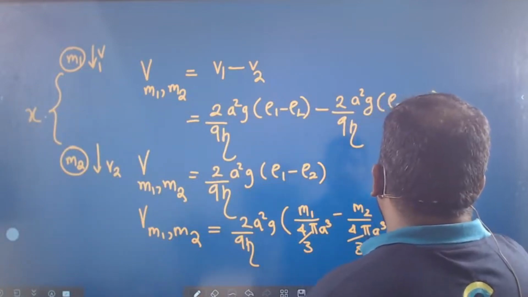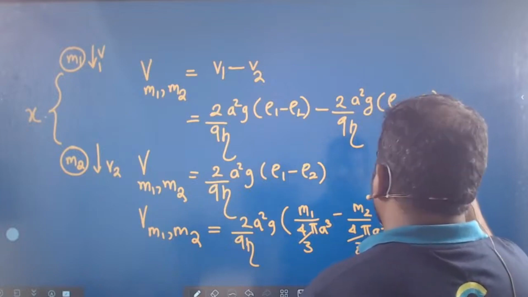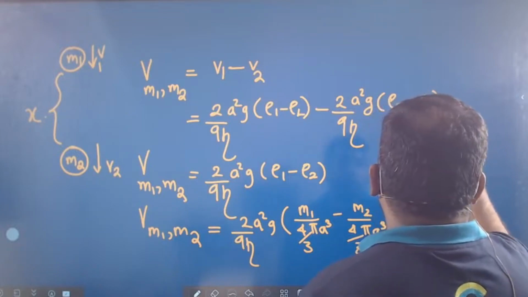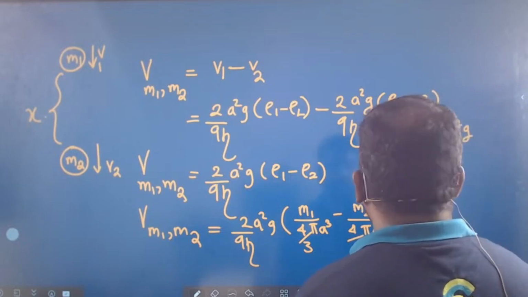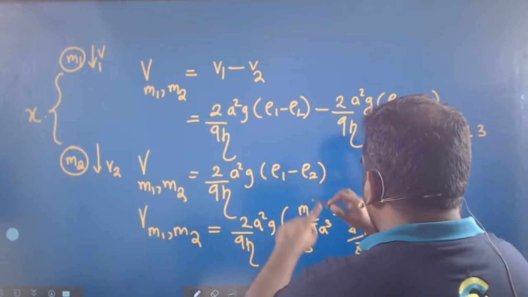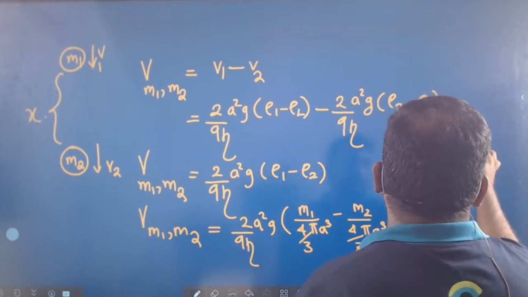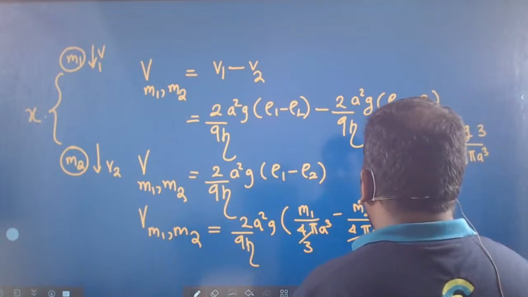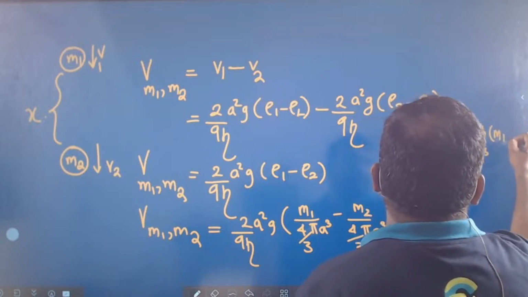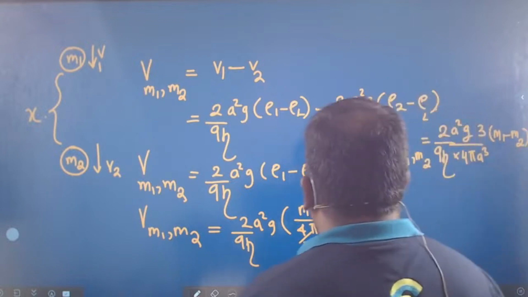Velocity of M1 with respect to M2 is 2 over 9 eta a square g, 3 goes on top, 4 pi a cube, M1 minus M2 over 4 pi a cube.